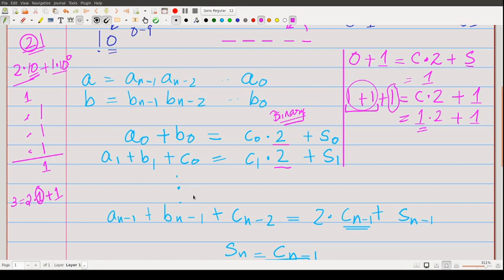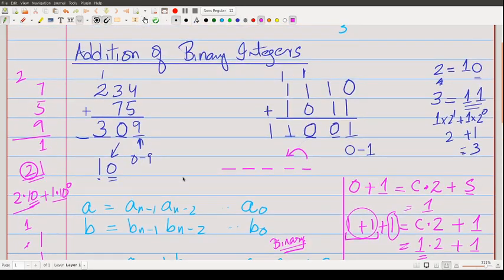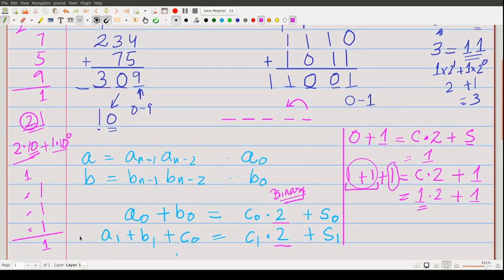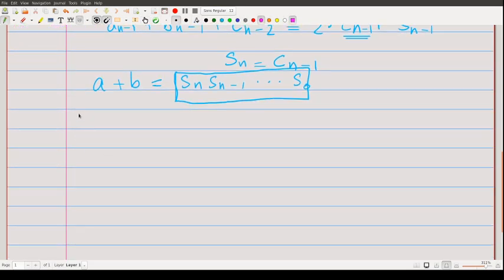So maybe if we do this summation 1110 and 1011 in this process, let's just look at this. Let's repeat this summation: 1110 in binary plus 1011 in binary.